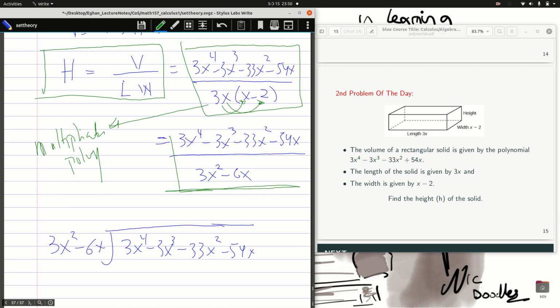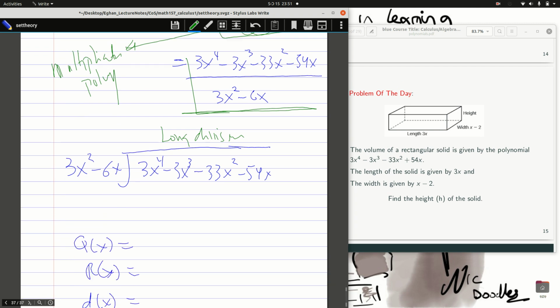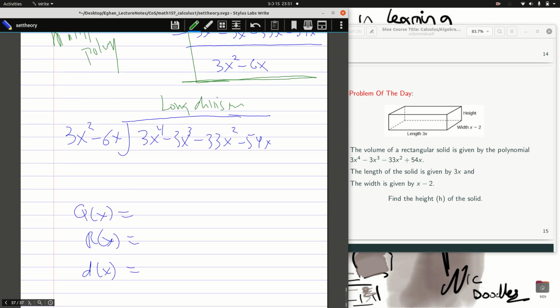Now because the denominator is a binomial, I have to use a long division approach. I can't do a simple division. It has to be a long division. So the question is, what is your quotient? What is your remainder? And what's the divisor? You can never get the divisor wrong, as I always say, because it is always given in the problem.